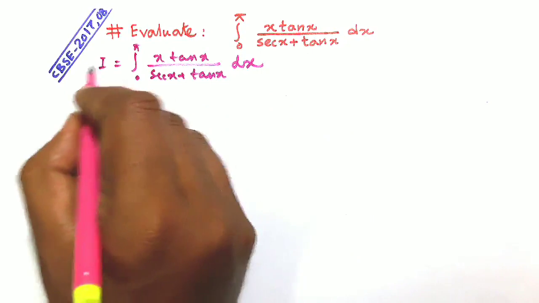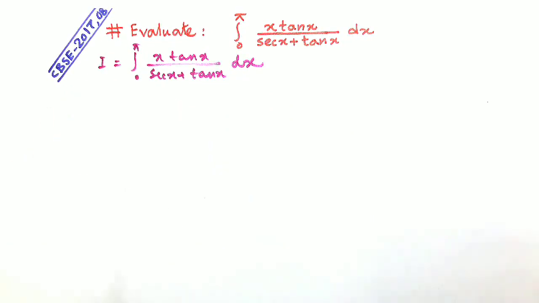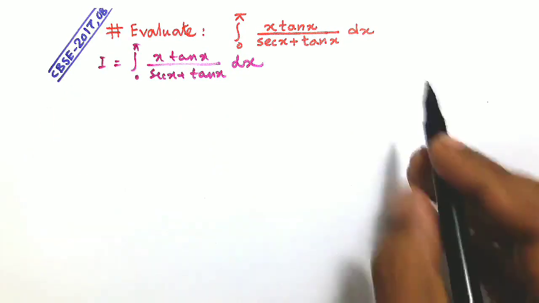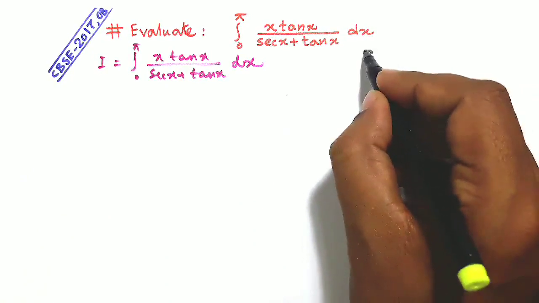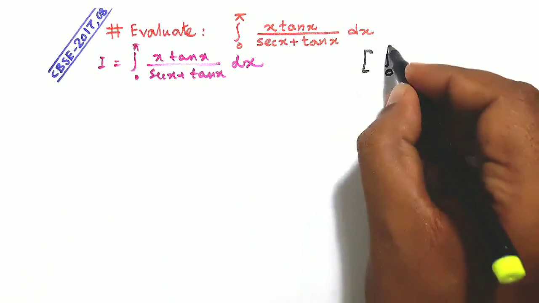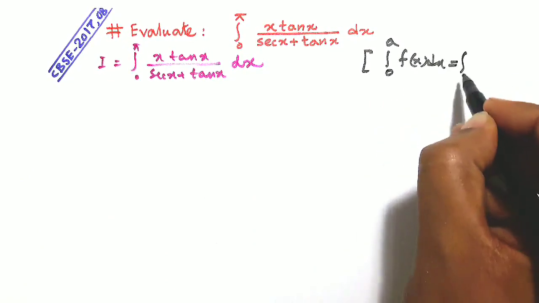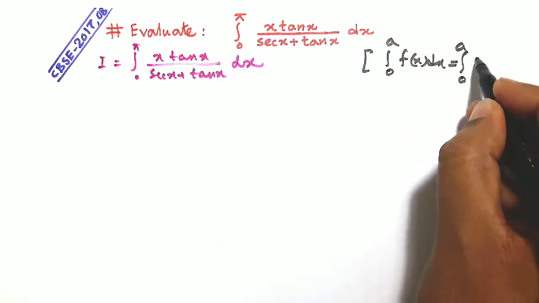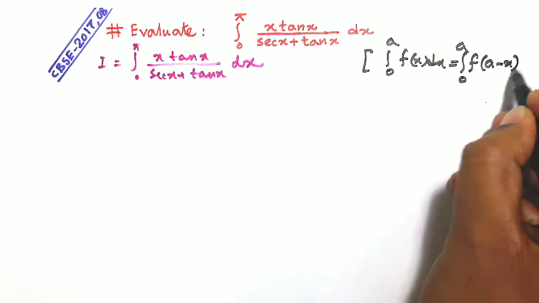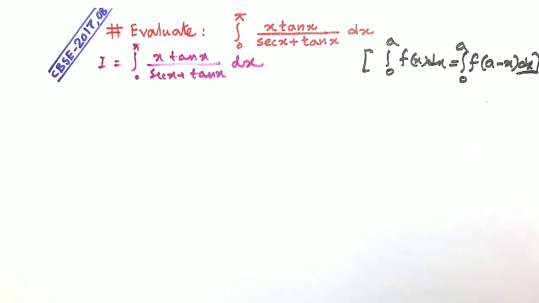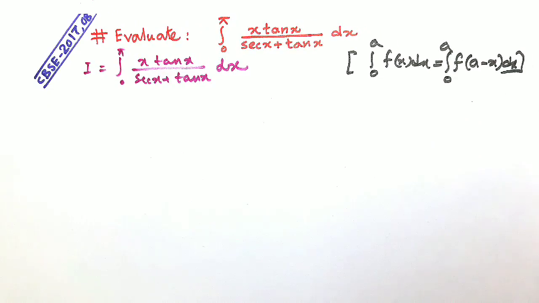Okay, we consider it as I. Now we have one property of definite integration. It is integration 0 to a of f(x) dx is equal to integration 0 to a f of (a minus x) dx. We shall use this property. This is an important property of definite integration.